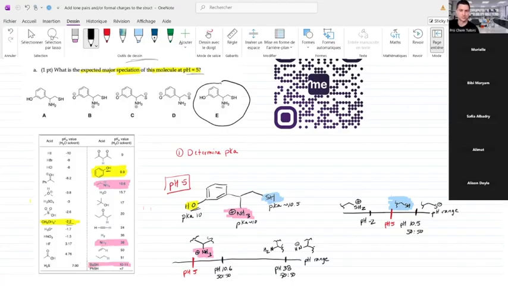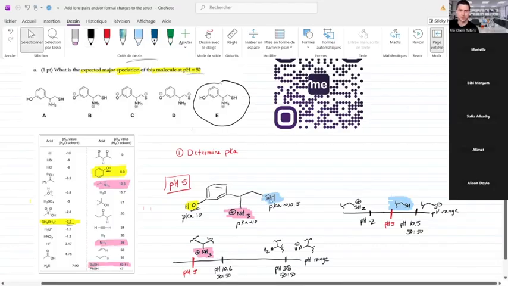I will stop sharing. Okay, now I will share my screen and do a mechanism question with arrow pushing, which can be daunting to some for sure. One second here.